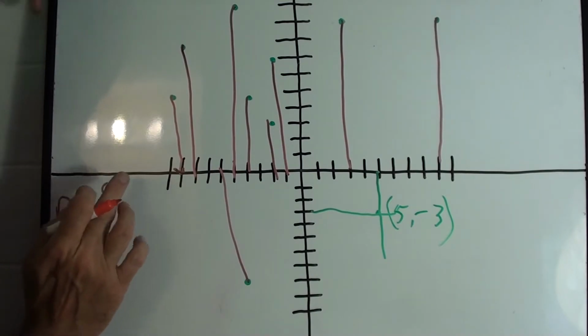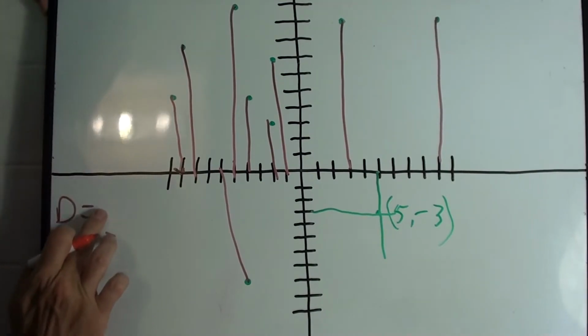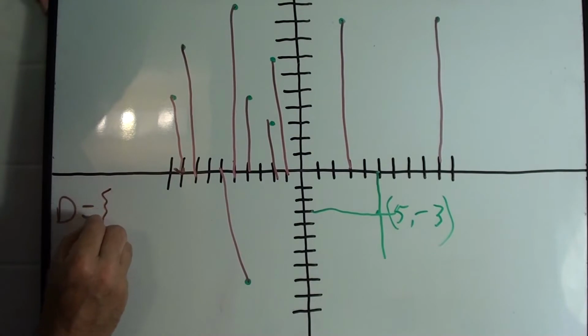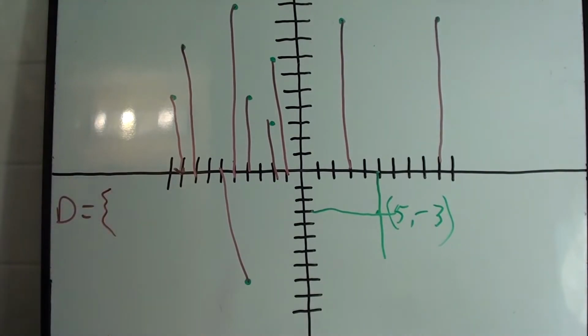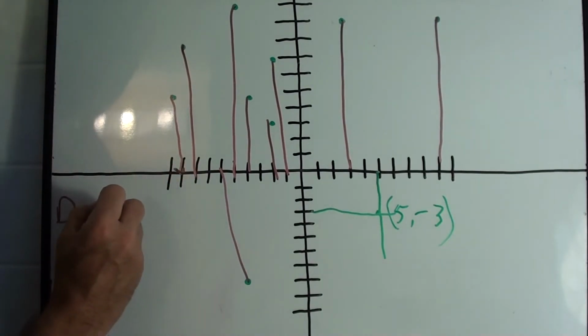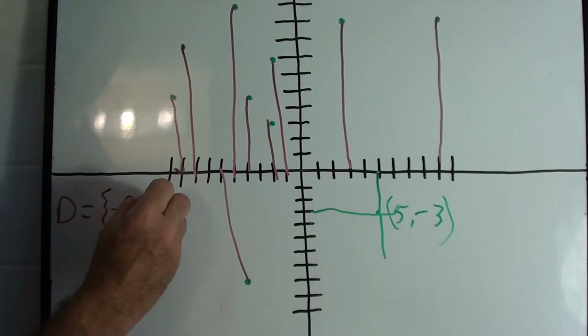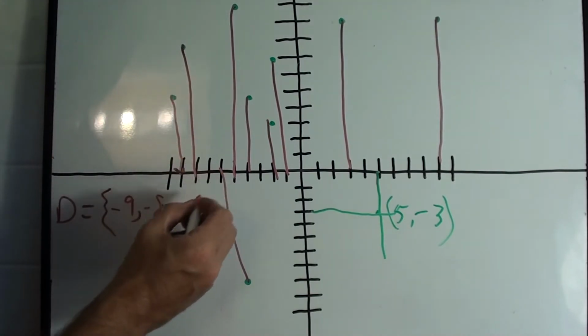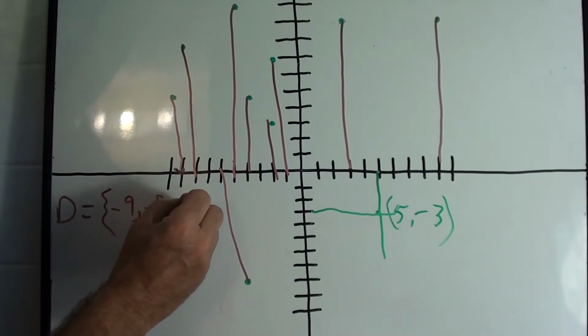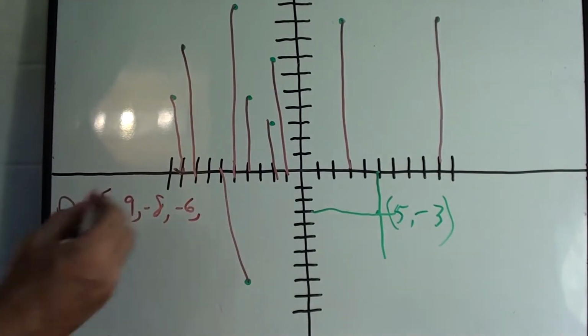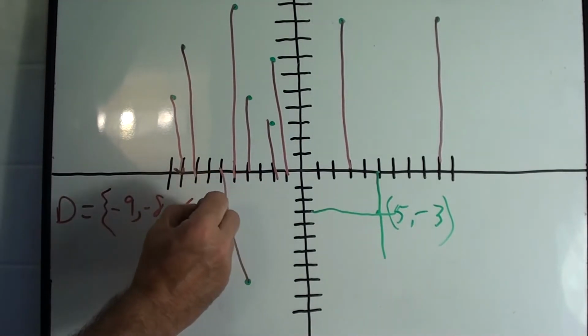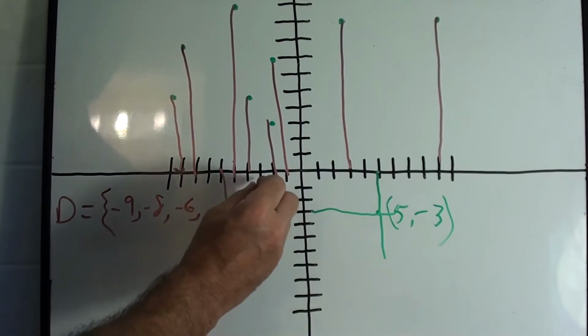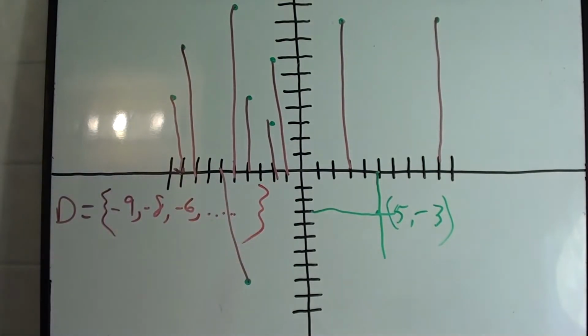And this ain't even right. So we go from lowest to highest. The range of domain values, we start with -9, comma, -8, comma, -6, comma, and on down. And then we end the bracket. Okay?